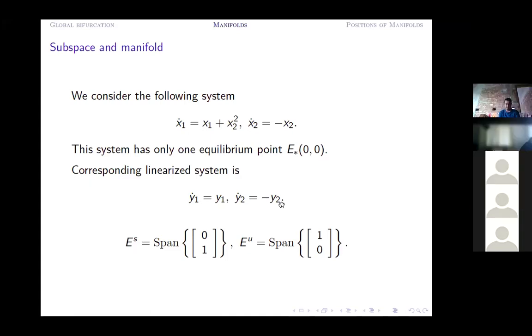Clearly one eigenvalue is +1 and another eigenvalue is -1. Now if you calculate the corresponding eigenvectors, the eigenvector corresponding to eigenvalue 1 is (1, 0), and the eigenvector corresponding to the eigenvalue -1 is (0, 1).